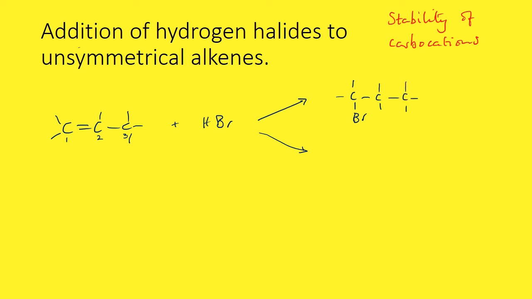Which is 1-bromopropane. Equally, the bromine could attach to carbon number 2, in which case you would get 2-bromopropane, like so.